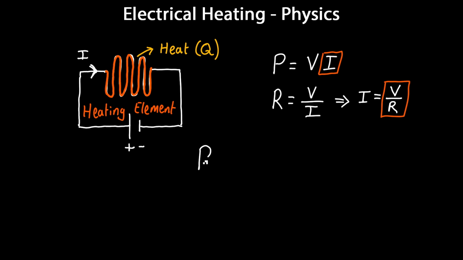So the power is equal to the voltage multiplied by the current. In this case, the current is equal to the voltage divided by the resistance. So we end up with the power is equal to the voltage squared divided by the resistance.